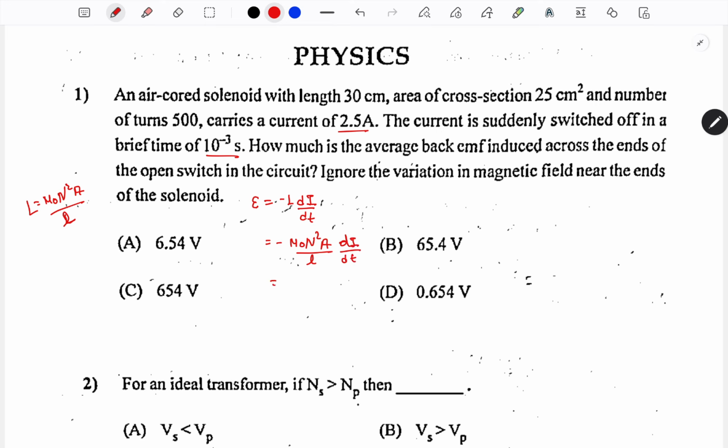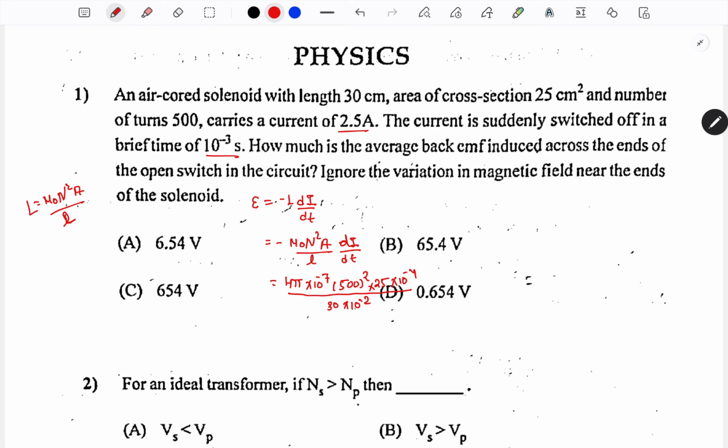Here, by putting the values, the negative sign says that it's back EMF, so we can neglect the negative sign. Mu 0 is equal to 4 pi into 10 to the power minus 7, multiplied by 500 square, because the number of turns is 500, multiplied by 25 into 10 to the power minus 4, the area of cross section, divided by the length, 30 centimeter, so 30 into 10 to the power minus 2.